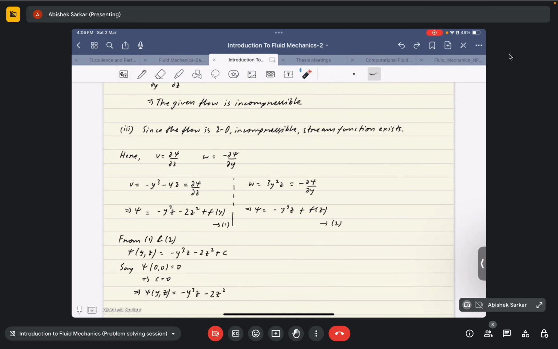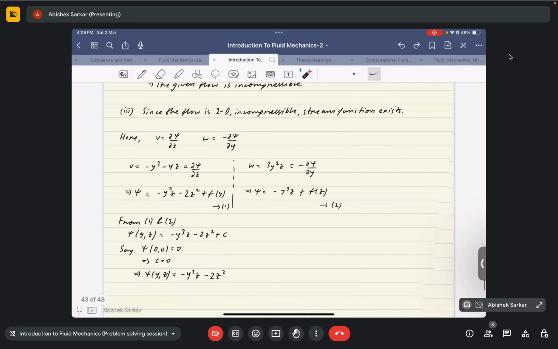Then from this velocity component, we get that w is equal to 3y square z, which is equal to minus dou psi by dou y. If we integrate it partially, we get that psi is equal to minus y cube z plus some function of z plus some constant c2.